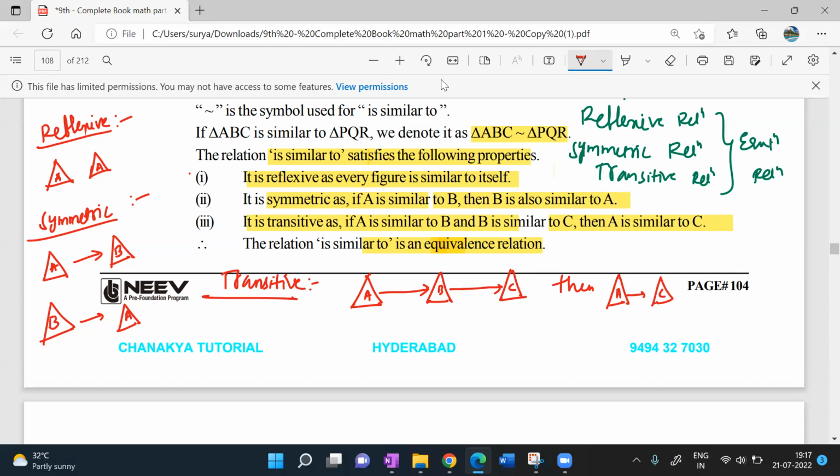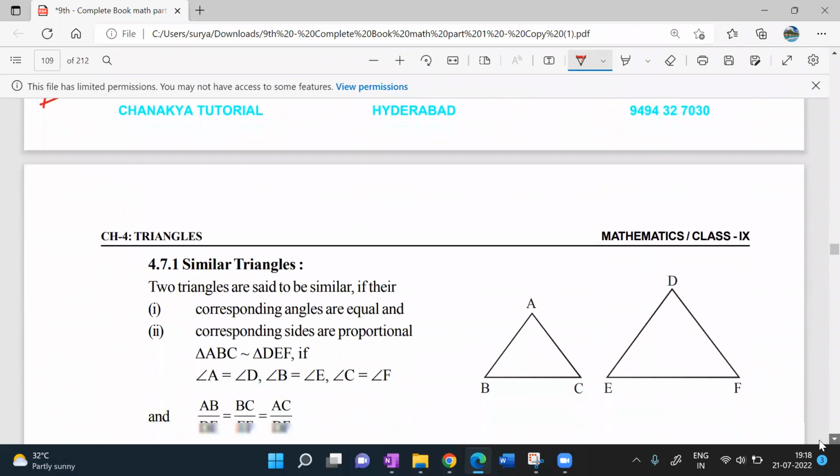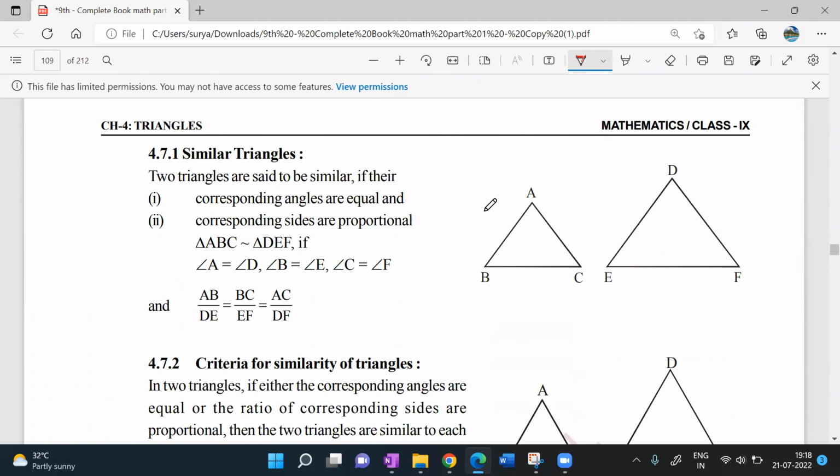Understand my point? Any doubts? No, sir. You'll be learning again in class 12. Don't worry, it's a very good concept, very important and very simple as well. Next, similar triangles.